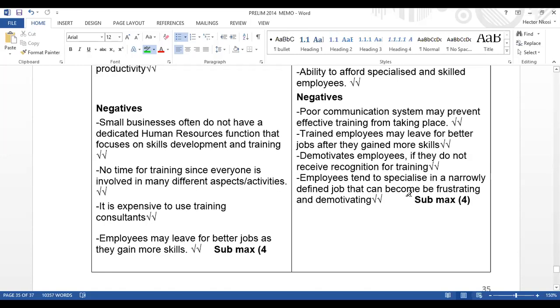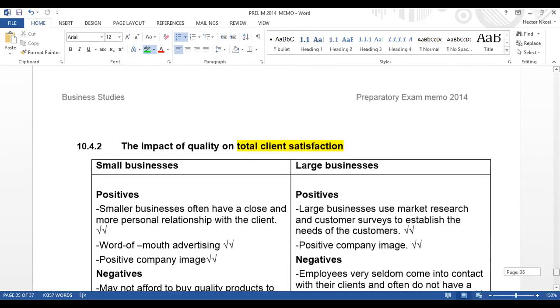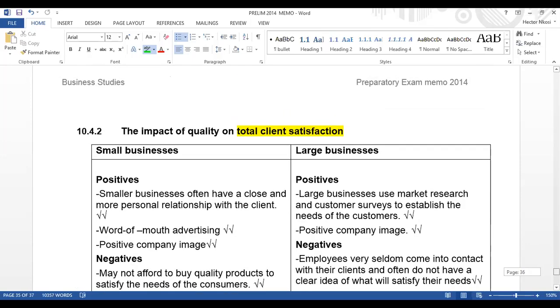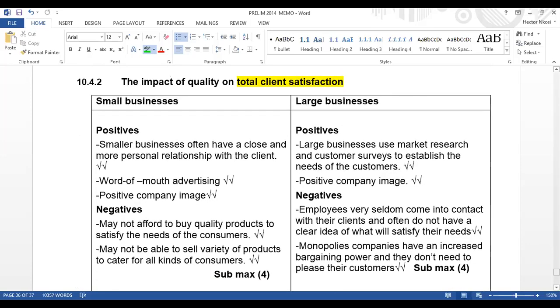Then the last bullet: employees tend to specialize in a narrowly defined job, which can be frustrating and demotivating. All right, grade 12s. That was your skills development.